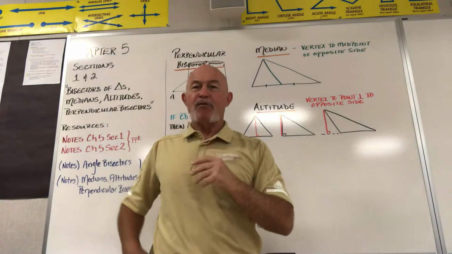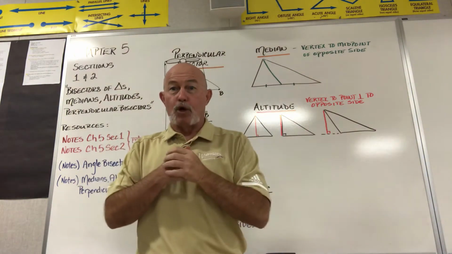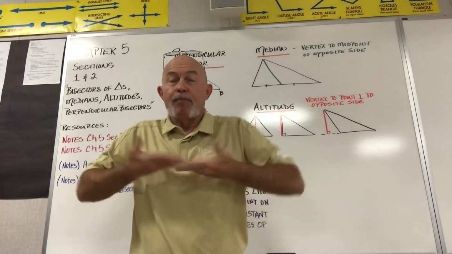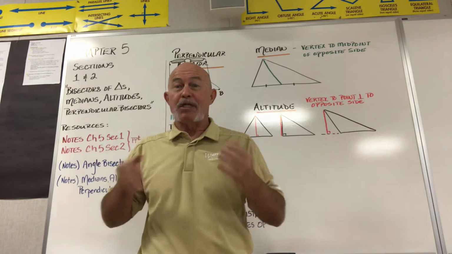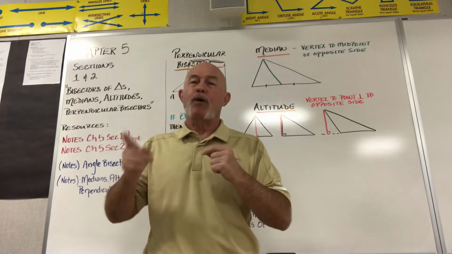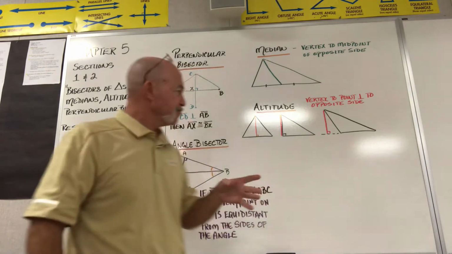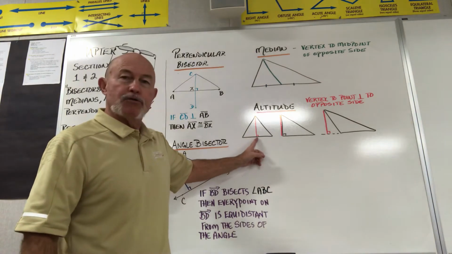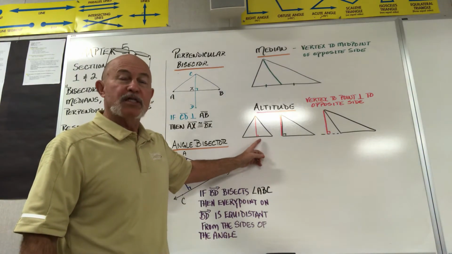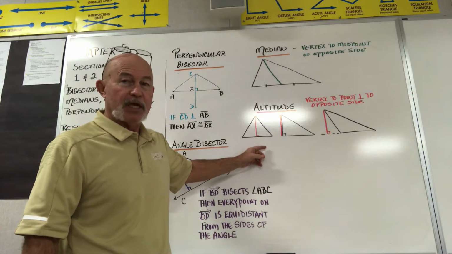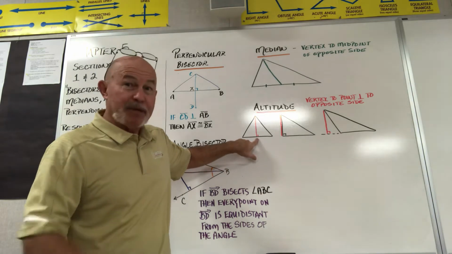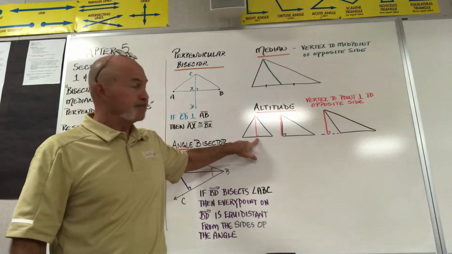And finally, altitudes. If you think about altitude, just the word, it's how high up. Well, that's what an altitude is. Altitudes are measured with perpendicular segments. There's a theme here. Follow along. An altitude is perpendicular to the opposite side. It can be inside the triangle.